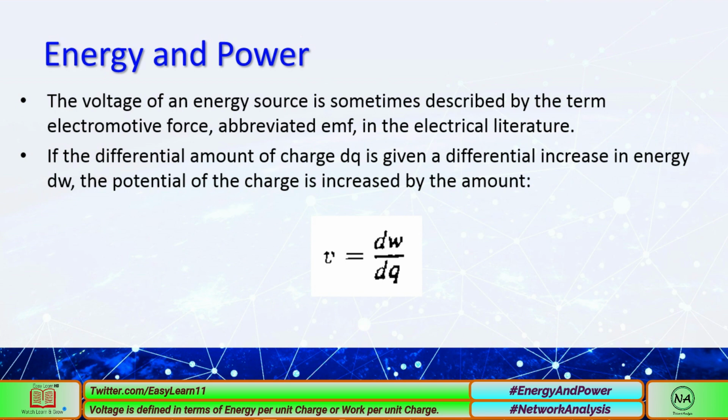We use differentiation for the difference between the two terms. The term in the denominator is considered as a standard term, like here voltage is equal to dW over dQ, means change in work done divided by change in charge.